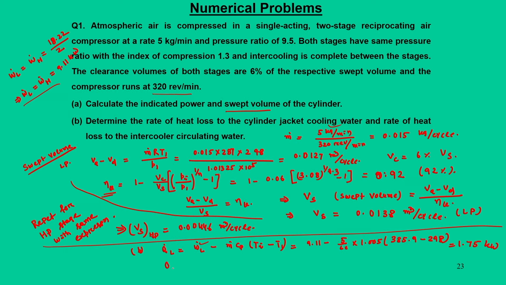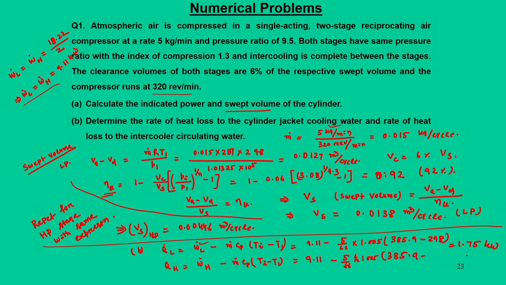Then we can find QH, that is W dot H minus m dot Cp with the same temperature difference, T2 minus T1, and this becomes 9.11 minus 5 by 60 into 1.005 into (385.9 minus 298).